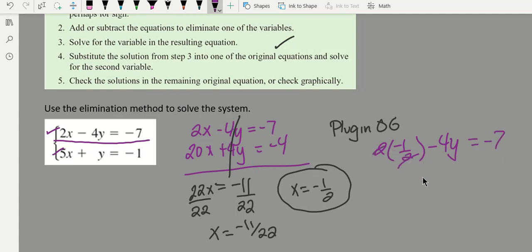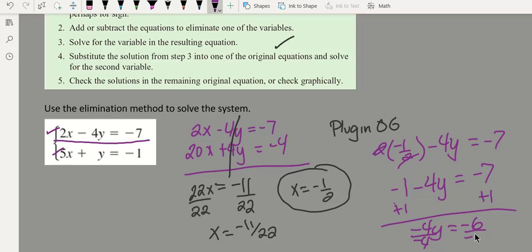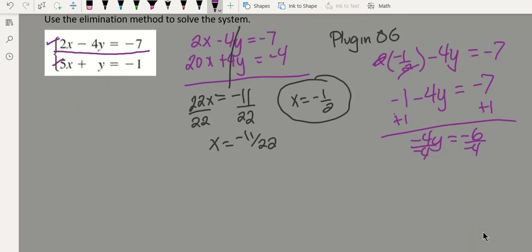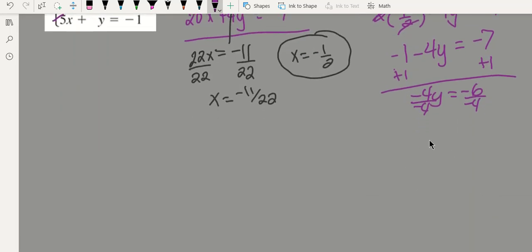The 2's cancel out, and I'm left with negative 1 minus 4y equals negative 7. I need to add 1 to both sides, and negative 4y equals negative 6. Divide both sides by negative 4, and now we see that y equals positive 3/2.